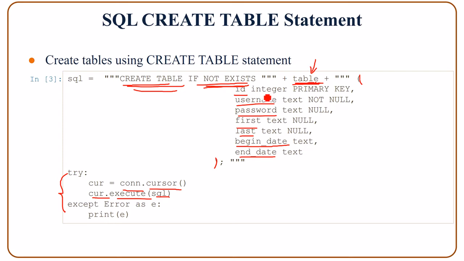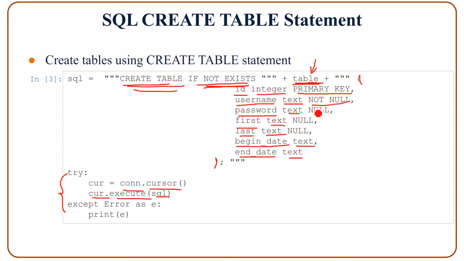And next to the field name is the data type, right? Integer, and then text, text, text, text, text, and text. The ID field is primary key, right? Primary key here means that you cannot have more than one row with the same ID in a table.